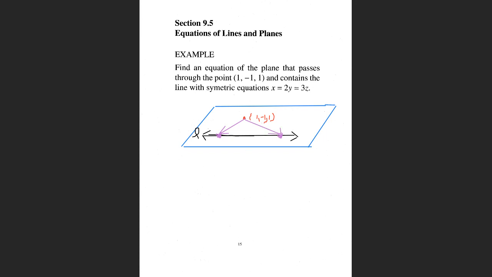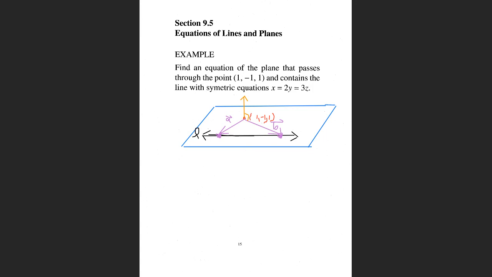I'll call the one vector A and the other vector B. If we take the cross product of those 2 vectors, that will generate a normal vector to the plane.